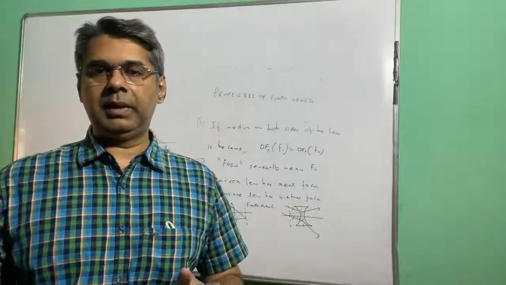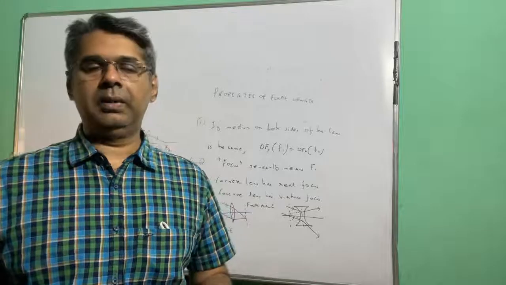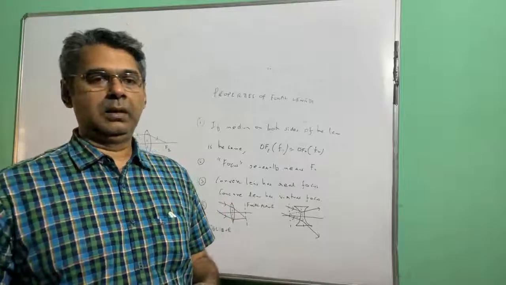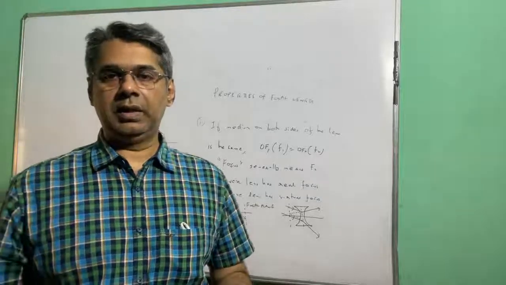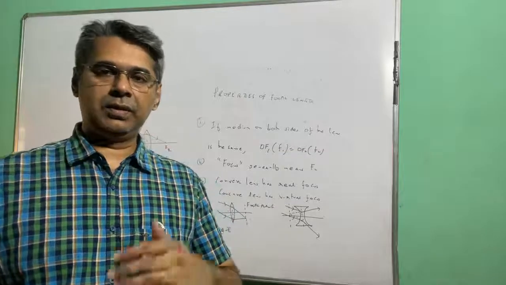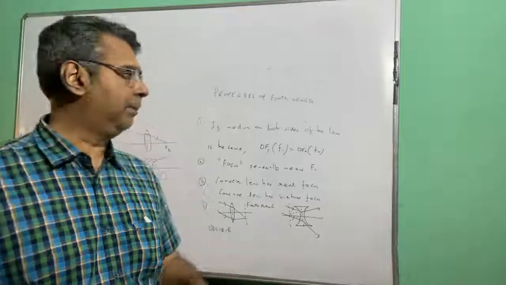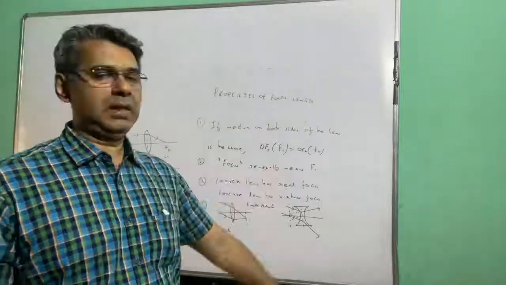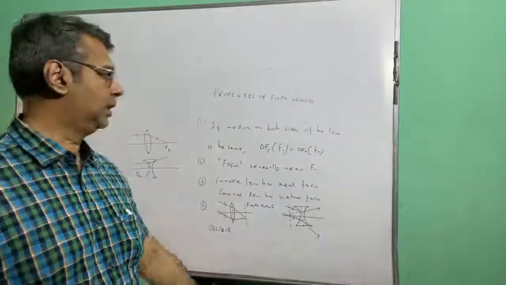If the surrounding medium on left and right is the same, and the radius of the spherical surface on the right side and on the left side are both the same, then the focal length of the left side and the focal length of the right side will also be the same.